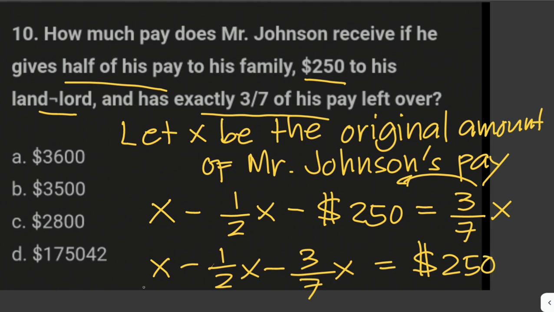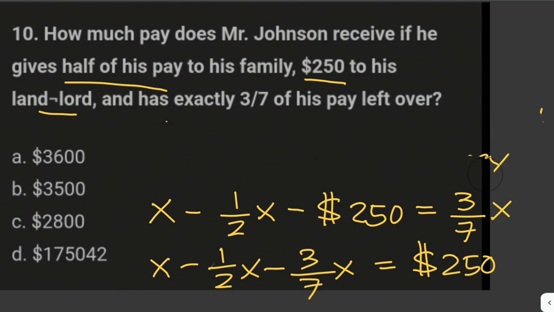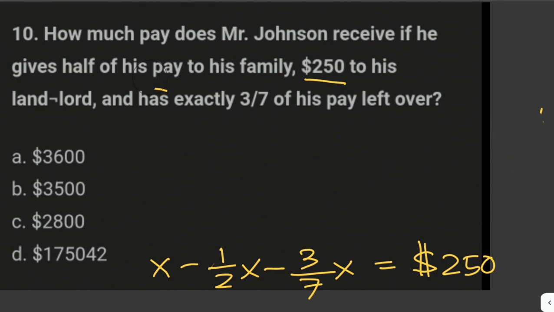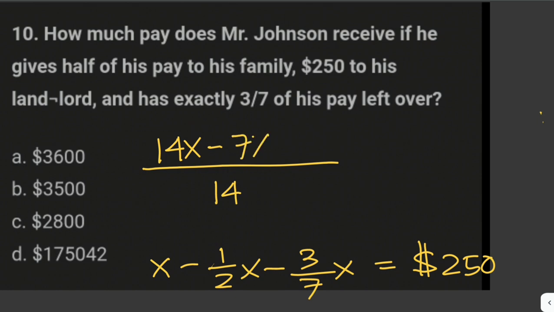And now, adding or subtracting a whole number in fractions, we need to get the LCD. The LCD of this one would be 14. 14 divided by 1 is 14, then that would be 14x minus 14 divided by 2 is 7, that would be 7x.